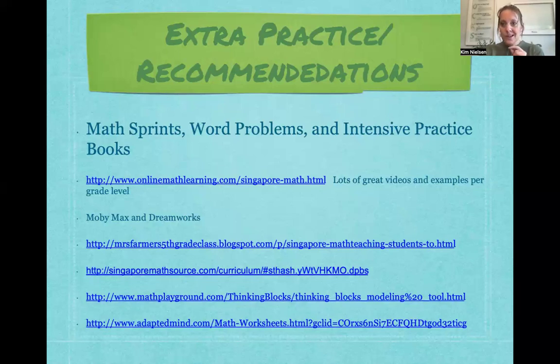MobyMax and DreamBox both have programs to help with learning math facts, and even just math skills and thinking. There's some other fun resources, including Math Playground that, again, if you do screen time, but you want kind of educational screen time, that's a fun place.